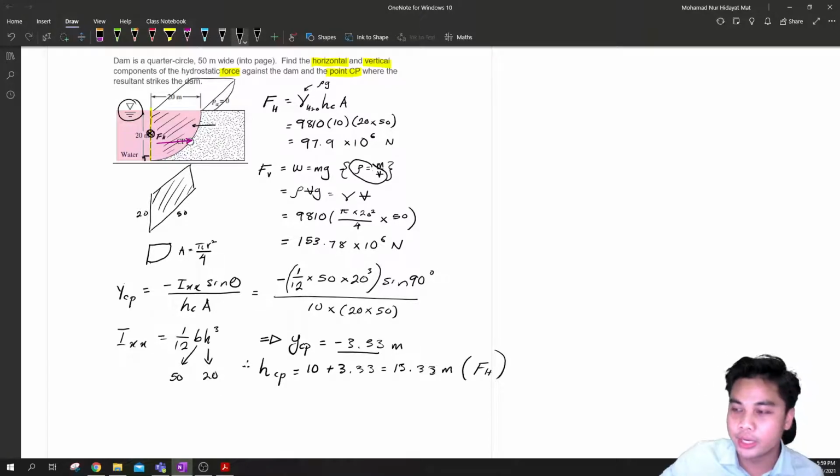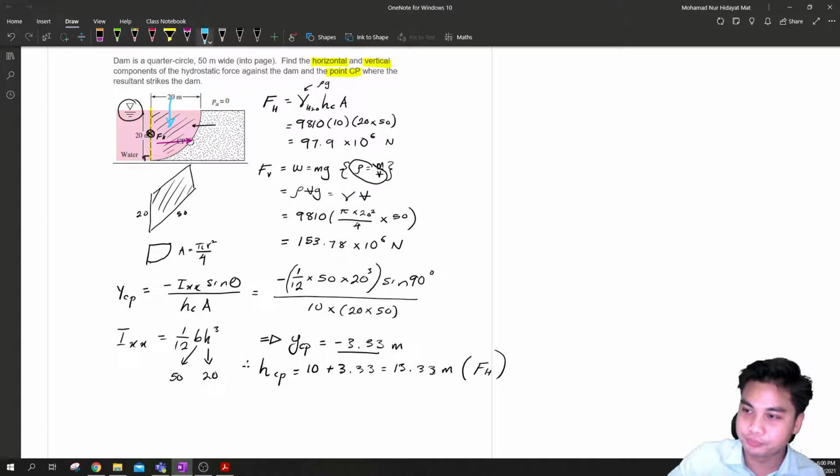How to get the location of FV? Okay, the location of FV. Okay, how to do that? So this is the step. The FV will act at the centroid of the quarter circle. So maybe this is the FV location.